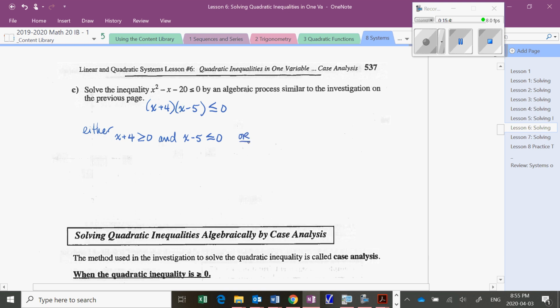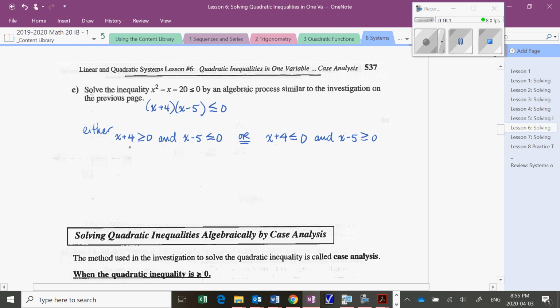Or the other possibility is that x plus 4 is negative, so that's less than or equal to 0, and x minus 5 is greater than or equal to 0. So essentially you've got these two pairs that make up our two scenarios right here.